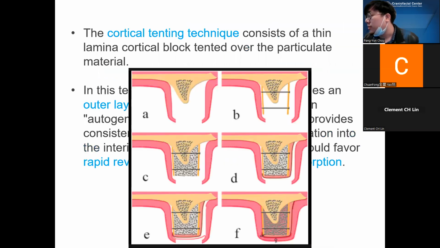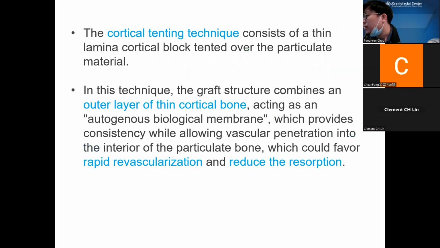And the cortical tenting technique consists of a thin lamina cortical block tented over the particulate material. In this technique, the structure combines an outer layer of thin cortical bone acting as an autologous biological membrane, which provides consistency while allowing vascular penetration into the inside of the particulate bone, which could favor a rapid revascularization and less resorption.